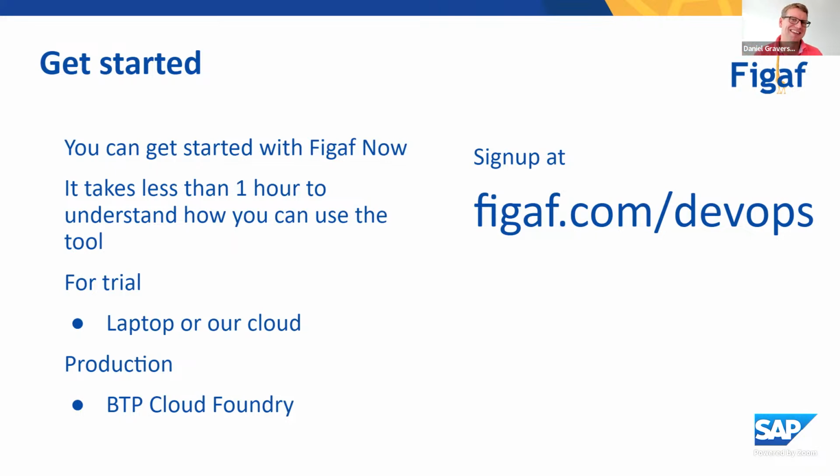Obviously, for production, you want somewhere that is safe and where you can control it. We recommend running it in BTP Cloud Foundry because it is really easy to maintain. A lot of you anyway would have SAP credits that would allow you to run all of these different services.